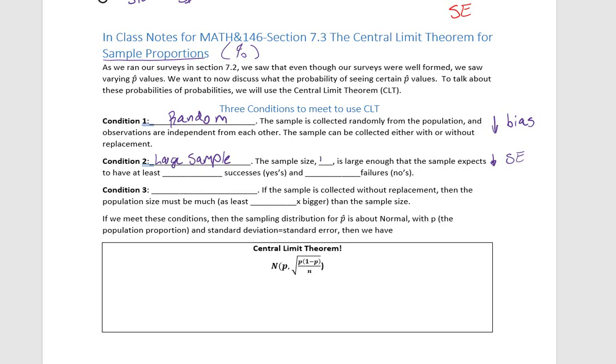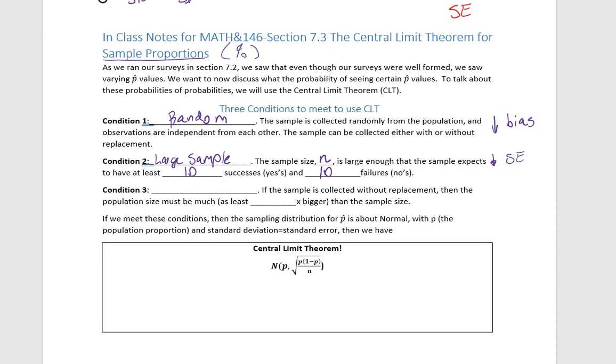So a large sample size, which by the way we call n, is going to be large enough that we have at least 10 successes and at least 10 failures. So for example, if we're looking at the percentage of females in STEM, if you are a female in STEM, that would be considered a success, and if you're not a female in STEM, that would be considered a failure. So those are just words. It doesn't actually mean that one is a success and one is a failure. It's just, are you in the group we're looking at? Are you not in the group that we're looking at?